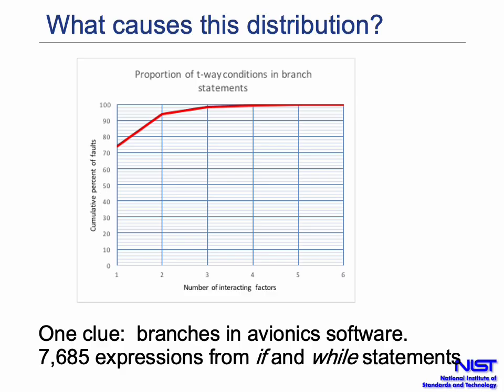And we looked at the number of factors involved in these branching statements, and in this case, a little over 70% were caused by or involved a single factor. More than 90%, around 95%, involved two factors, and so on, as we can see here. And there were a very, very small fraction that involved more than six, I believe less than 1%.